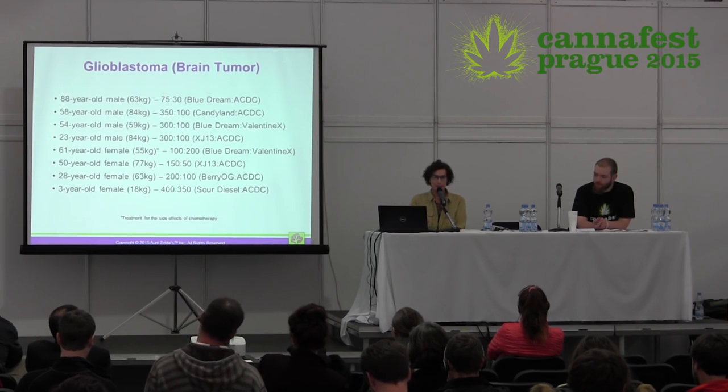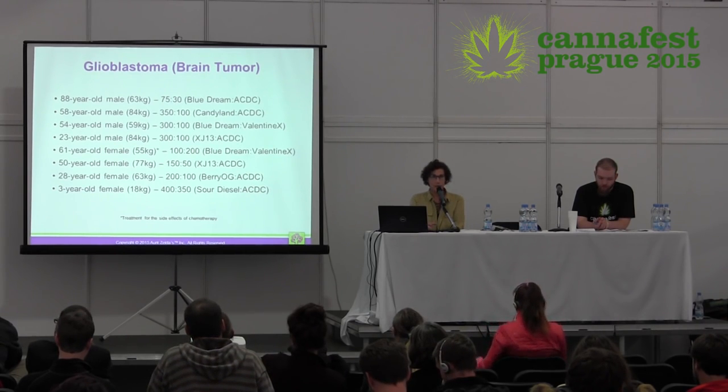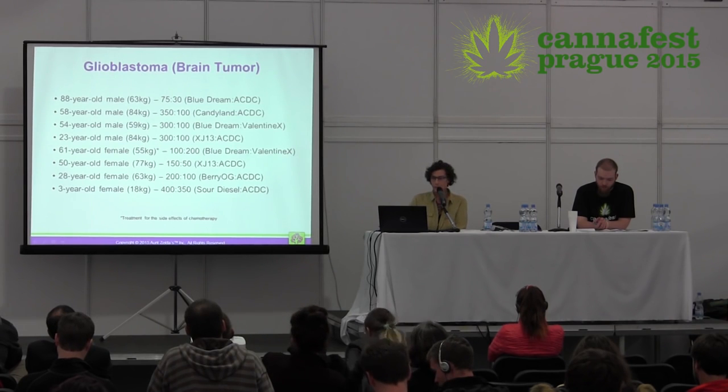So you can expect between 500 and 750 milligrams of THC per gram. In this case, she was taking a little over half a gram of THC and a little over half a gram of CBD.